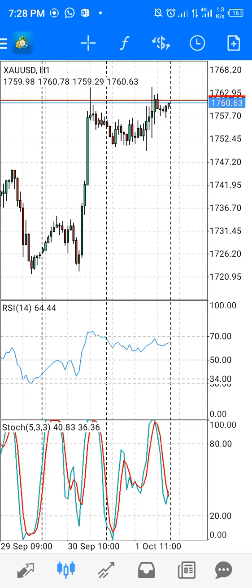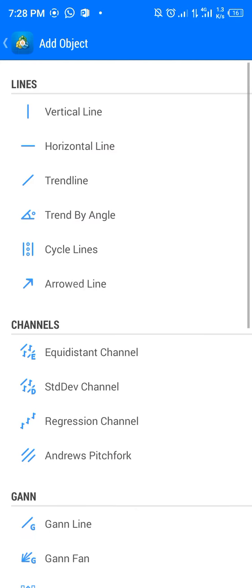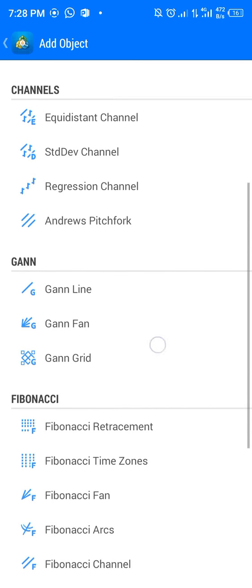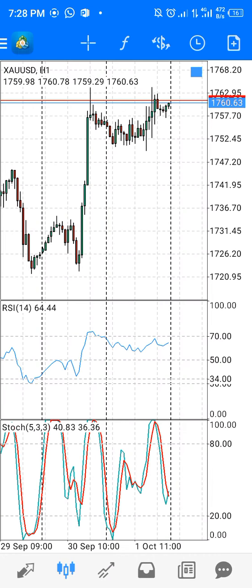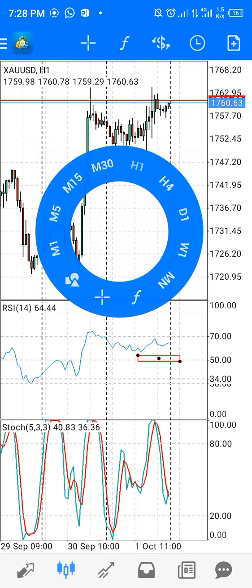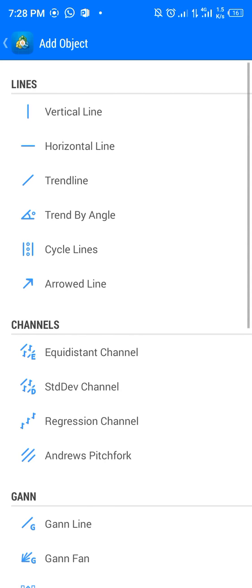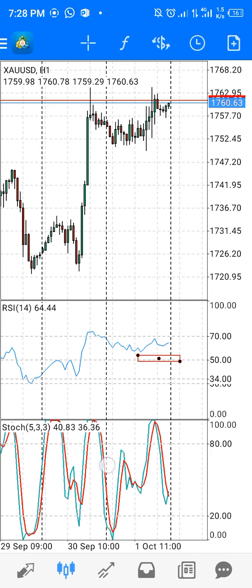Now this is how the strategy works. Whenever you see price coming down to the 50 level on the RSI, and our stochastic is at the oversold level, get my point well.